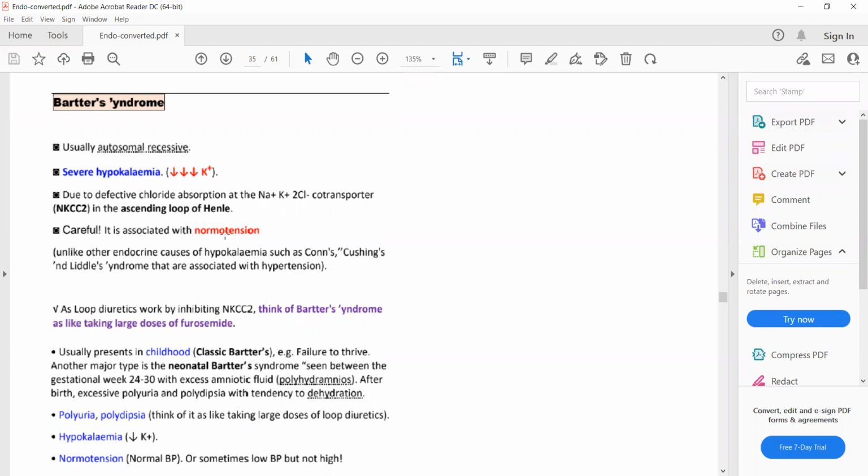Just like if the person has taken high doses of loop diuretics, because there is a genetic defect in the 1 sodium, 1 potassium, and 2 chloride ion channel, due to which potassium ions are not absorbed and they are excreted in the urine, which will lead to hypokalemia.